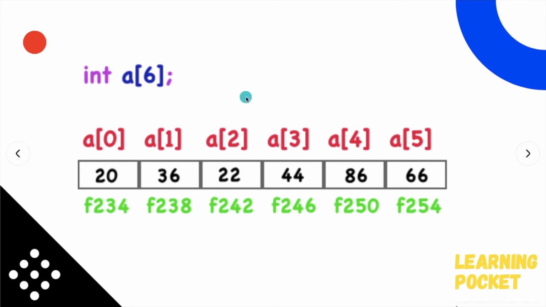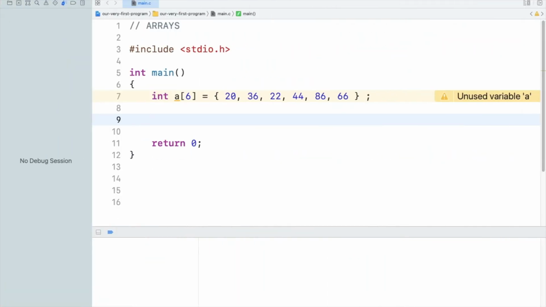Because I have flexibility: all these elements have the same name, but they differ only in the index value, and I can loop through that index. Now we are going to iterate through the array A using a variable, suppose I.